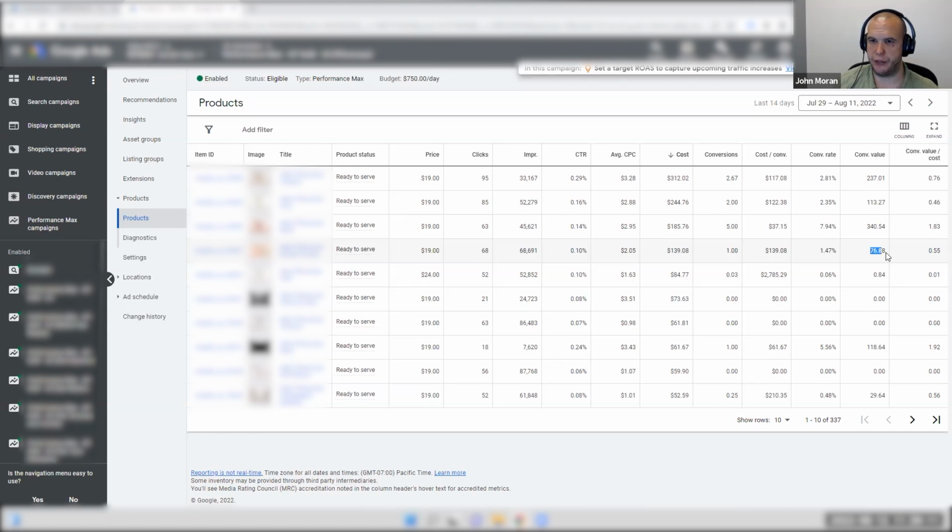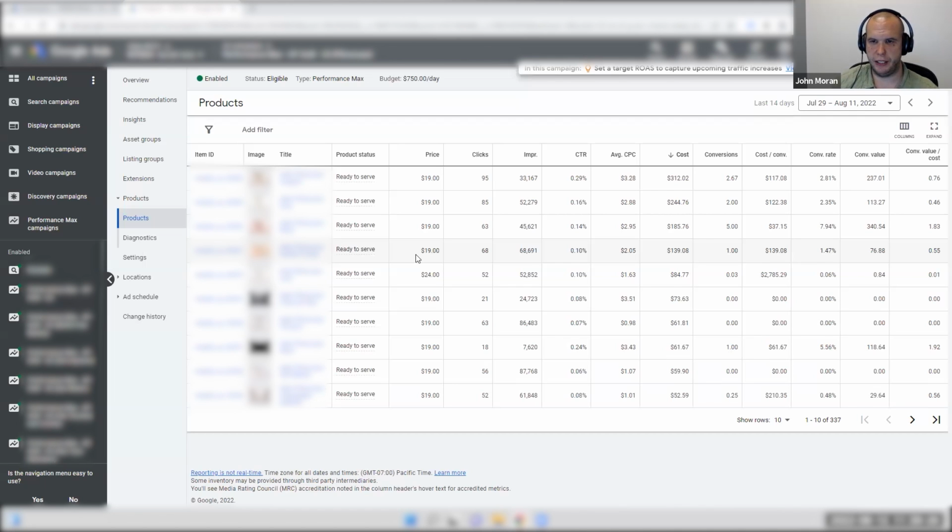Well, if we look at the conversion value, it's $76.88. Well, that's weird. How would one conversion on this $19 product make $76? What Google is not going to tell you is, this may not have even been the product that was actually sold.